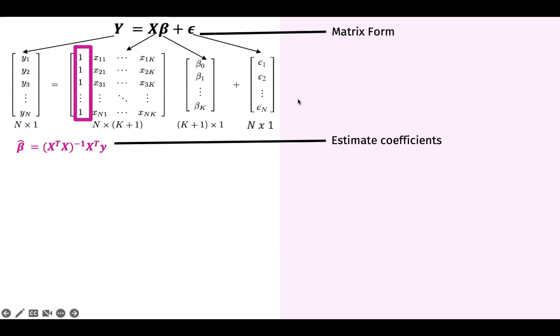So in order for us to estimate this beta, we can simply use this formula. We get the dot product of the transpose of this matrix x and x, take the inverse of that, and then take its dot product again with the transpose of x and y.